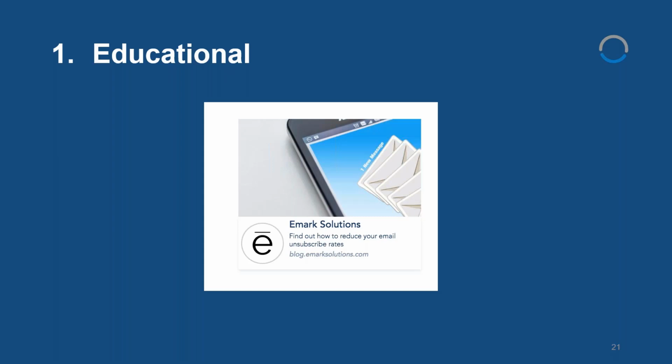Or perhaps if you're a content marketer, all you're doing is pushing out the latest blog post. So one way to use it is just for educational purposes, where all you're doing is sending awesome content you and your team have put together.